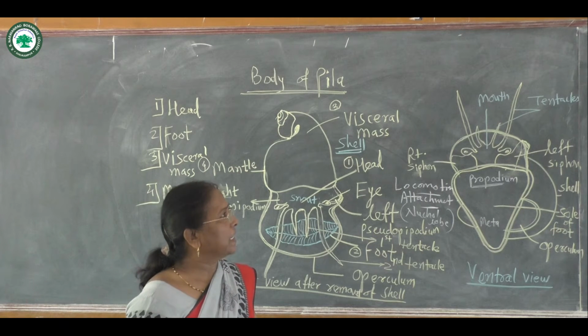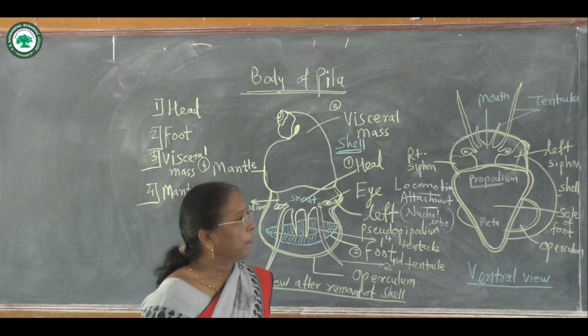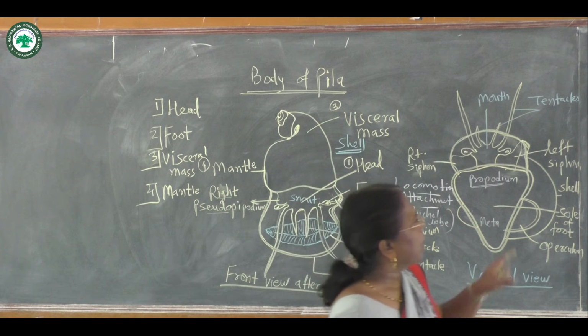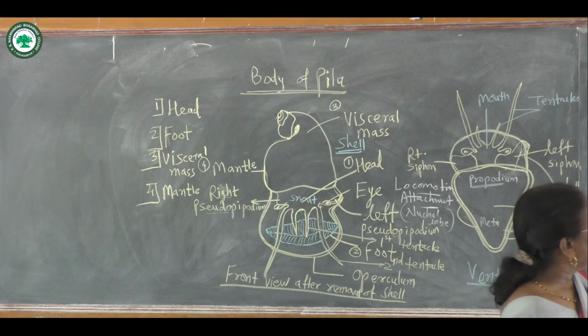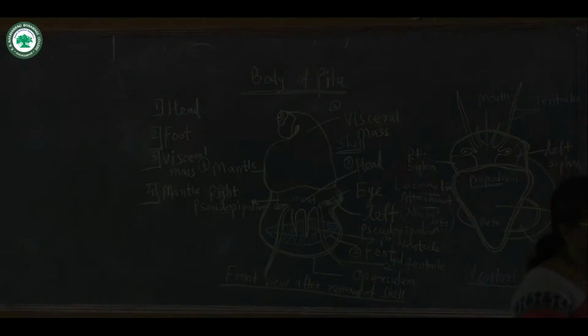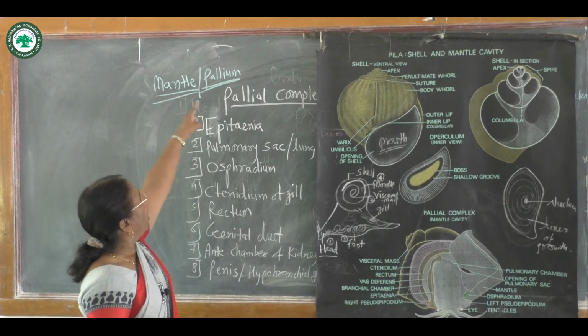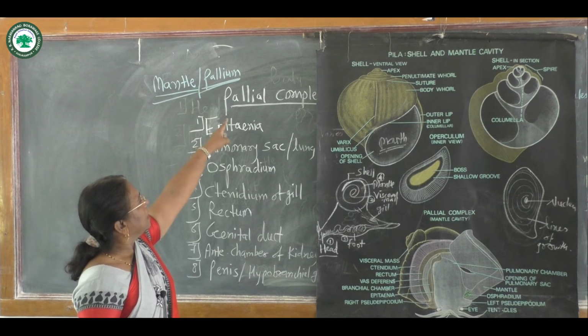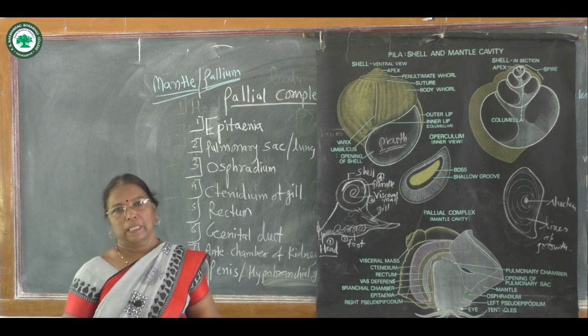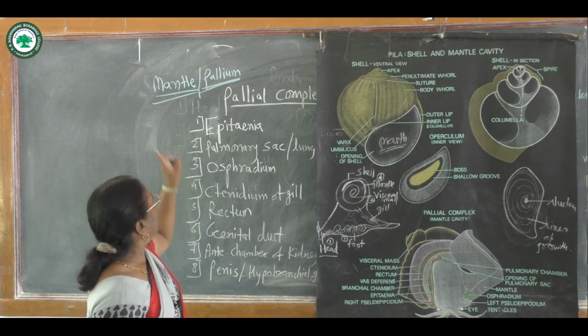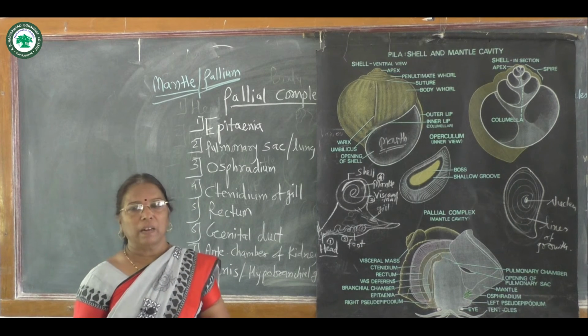Then we will see the second part, that is the mantle or pallium, and for that we have to draw the diagram. Coming to the next point, that is the mantle or pallium and the pallial complex. First of all, we will see what is meant by mantle.